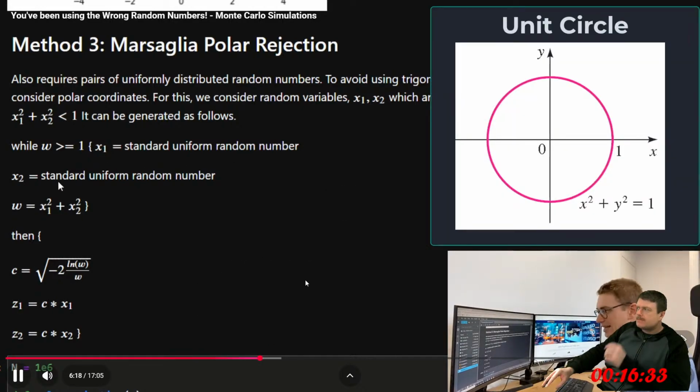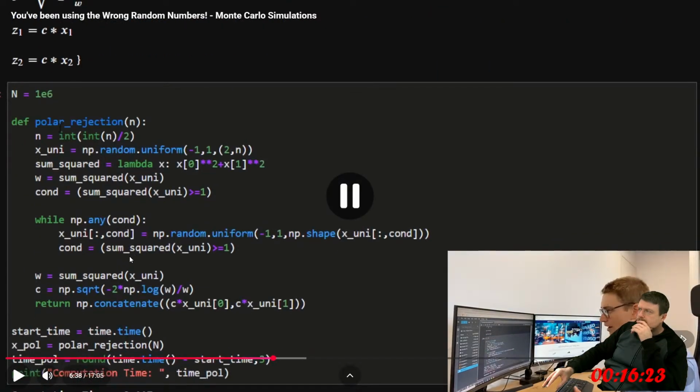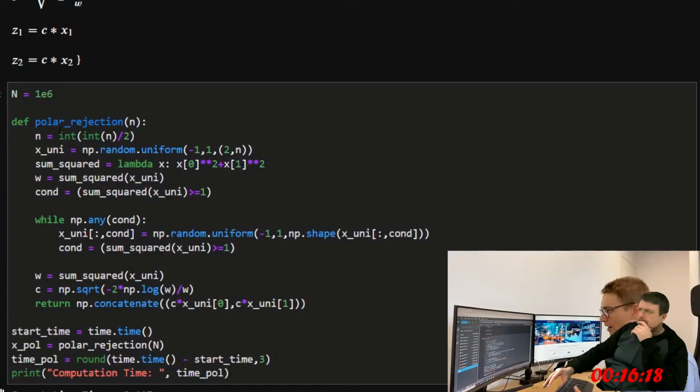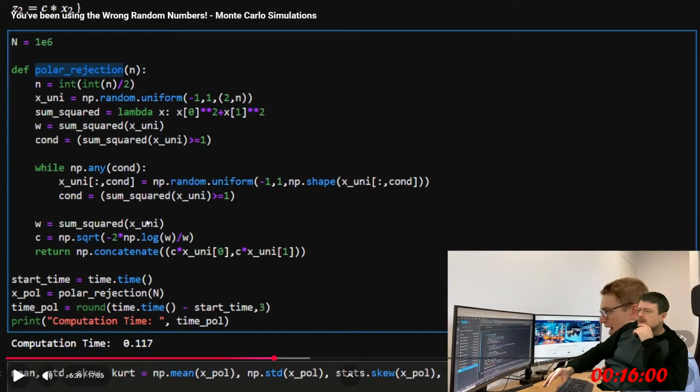And then, standard uniform random numbers until this satisfies the distance range. When it's less than 1, when it's within the unit circle, then I want to calculate my C parameter, which is the square root of minus 2 log w over w, and then we can calculate our random normally distributed pairs. So am I trying to code that up now?